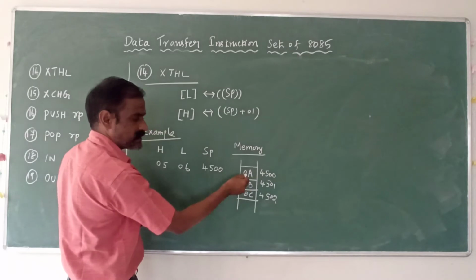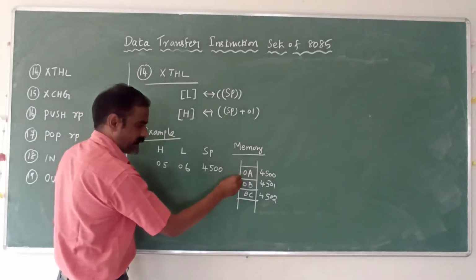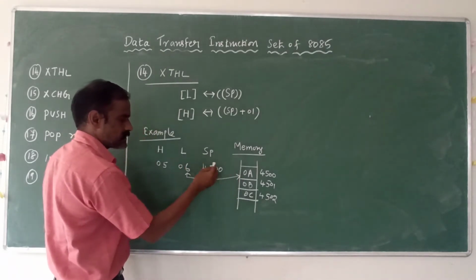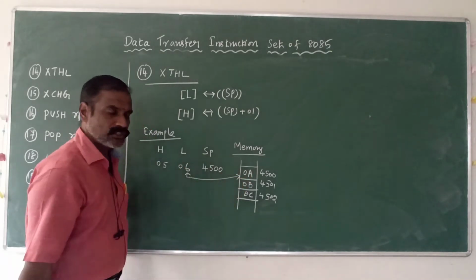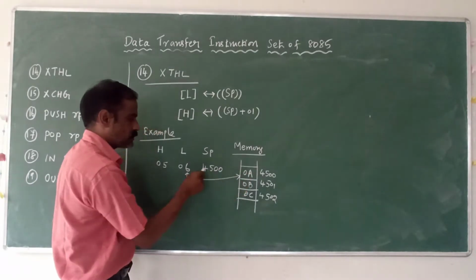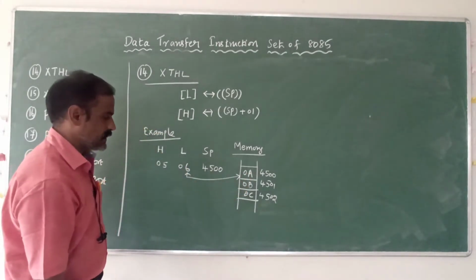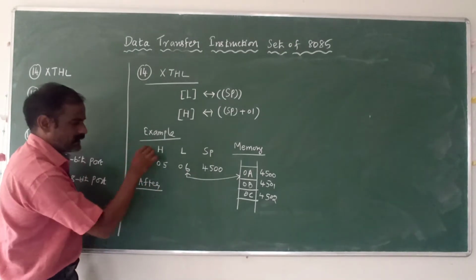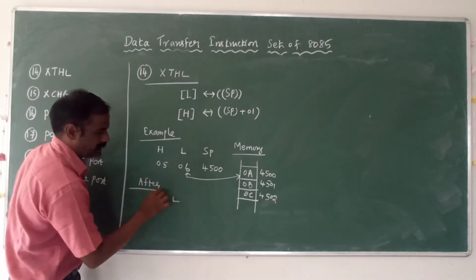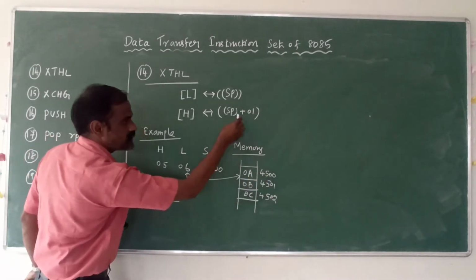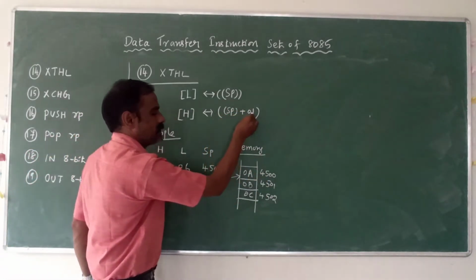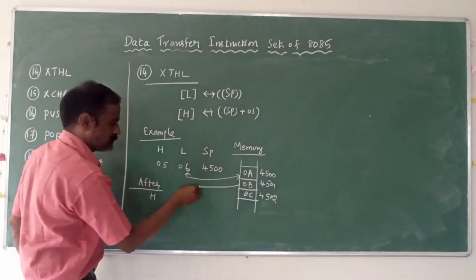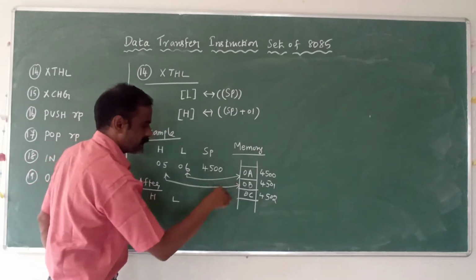After executing this instruction, the stack pointer address 4500 location data is exchanged into the L register. The L register data is moved to 4500 and the 4500 data is moved to the L register. Then the next address location, stack pointer plus 1, that is the 4501 address location data, is moved to the H register. Now these two data are exchanged.